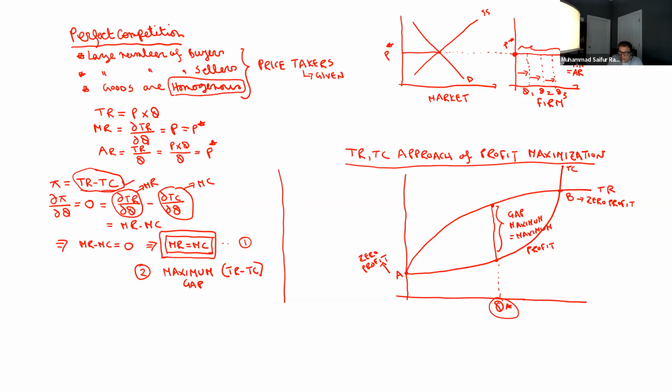Before we move to the second approach, I would like to point out that at this particular output level, you're going to find yourself a situation where these two curves are almost parallel to each other, which means that the slope of the total cost curve, which, as you know, is equal to marginal cost, and the slope of the total revenue curve, which we learned is equal to marginal revenue, can also be equal.